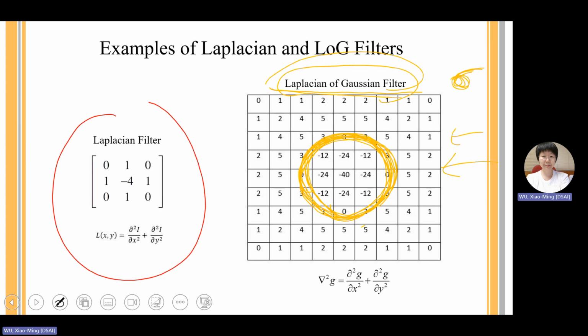Okay, so the LOG function will give maximum response when the size of the blob aligns with the zeros. So for blobs of this size, this filter is perfect.